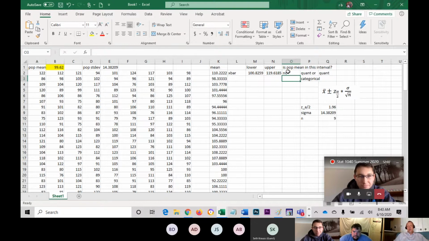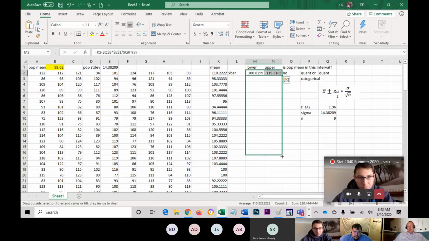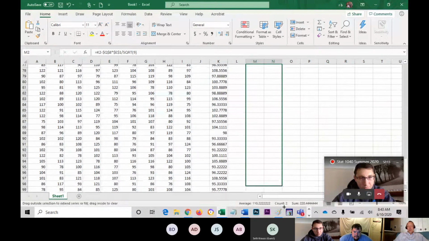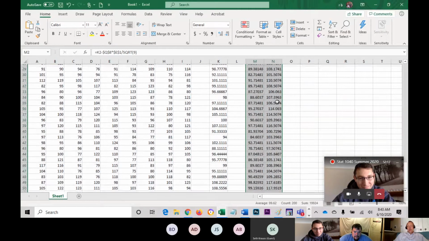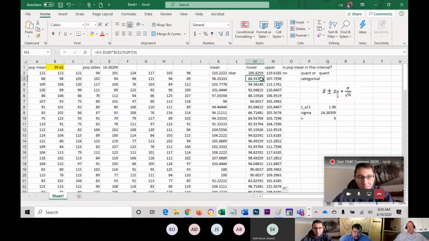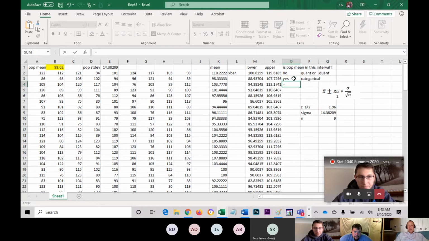Okay, so this is a big surprise. But what I'm going to tell you is if I copy this formula down 100 times, I'm going to expect, how about this one, is 99.62 in that interval? Yes. So here's what I'm going to be doing.